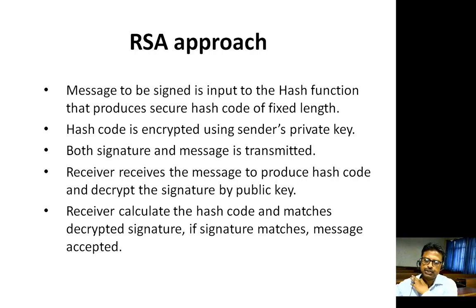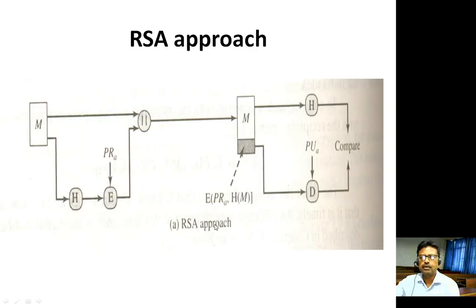If the message has been changed, the hash value calculated and the one obtained by decrypting the signature would not be the same. So the hash codes are matched to find out whether the message has been altered or not.